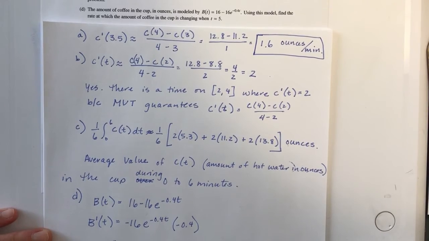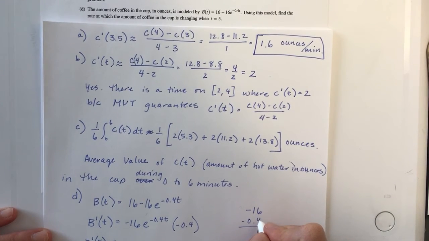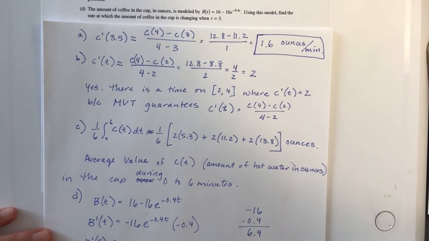Now we've got to find B prime of t at 5. If you're confused, it's basically 0.4 times 16, which is 6.4, and the negative goes away.